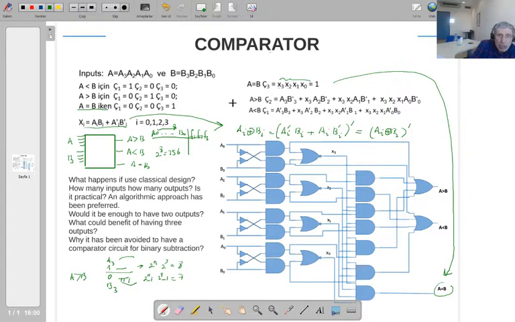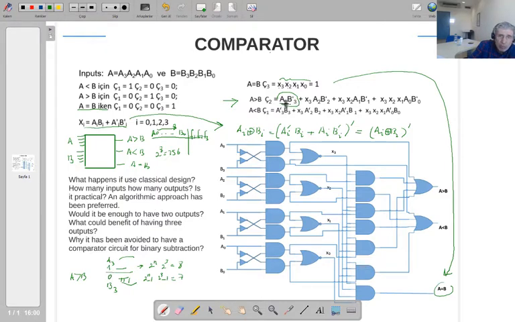Now I am writing directly the A bigger than B function. This is C2. In Turkish that is çıkış. That's why çıkıştı. So the first term here is A3 B3 prime, the product term corresponding to this, isn't it?